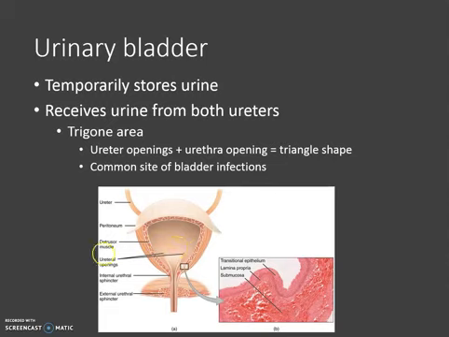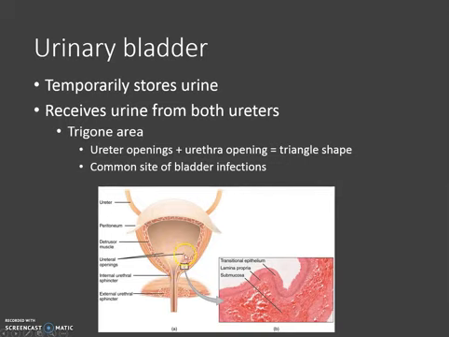Now, there's an area in the urinary bladder called the trigone region, or the trigone area. Tri should make you think of a triangle. It's the area in between the openings of the ureters, where the ureters deliver the urine into the bladder, and the opening of the urethra, and these form a triangle.